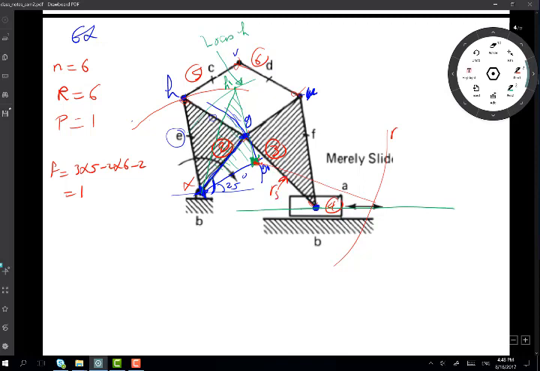So this is R3, which will be a locus for A, and the other locus for A is this line here. The two loci intersect here, and this becomes A prime.